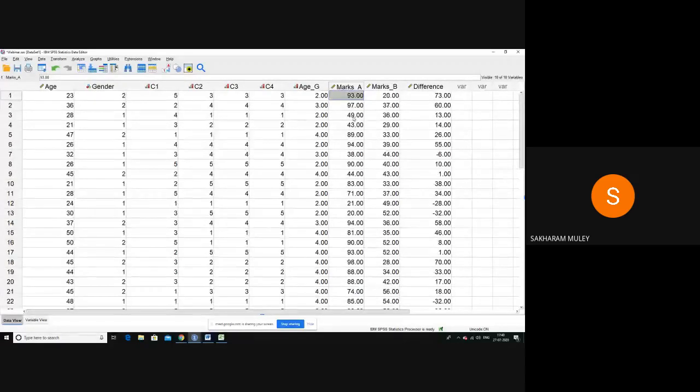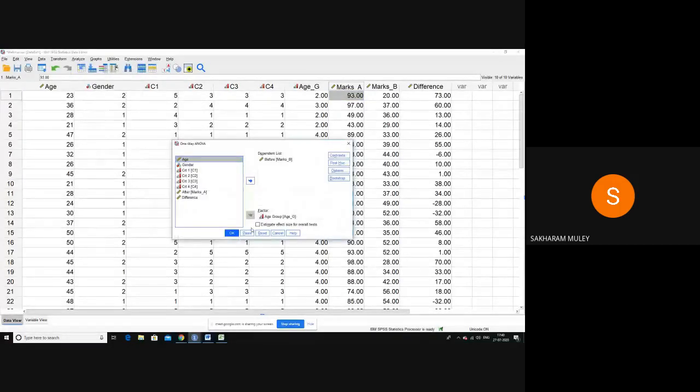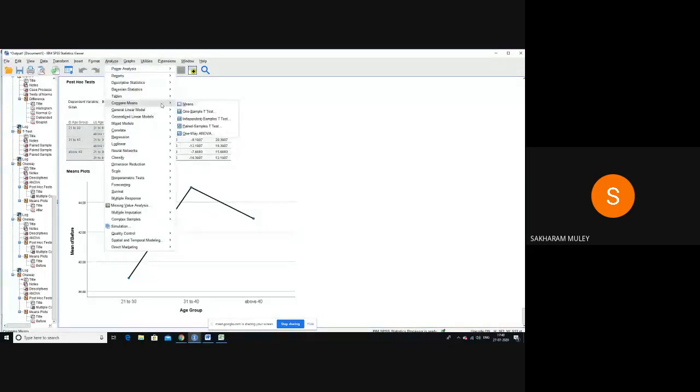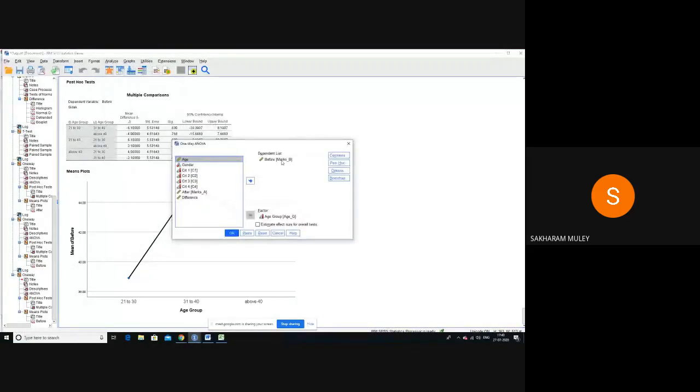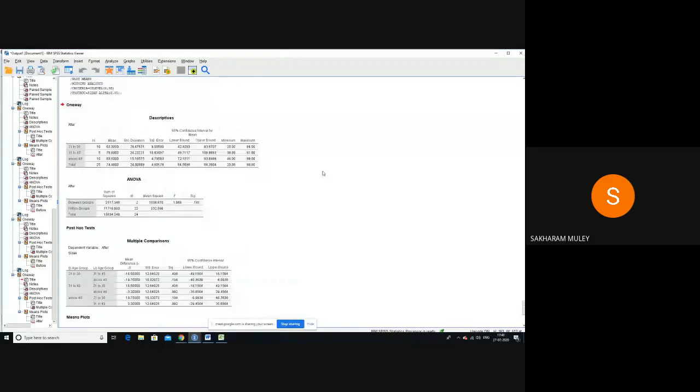Let us compare again. Analyze, Compare Means, One-Way. I want after marks, and let us see. Still not showing any difference.